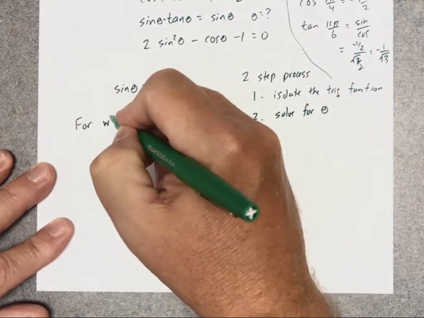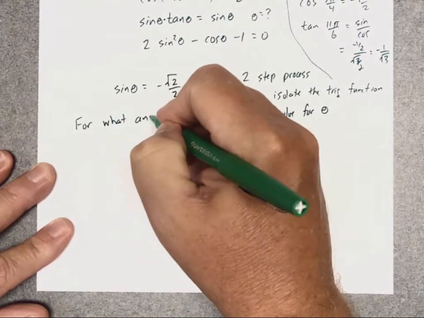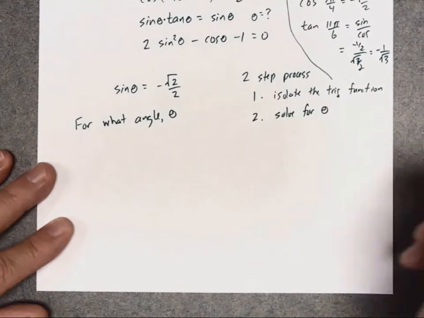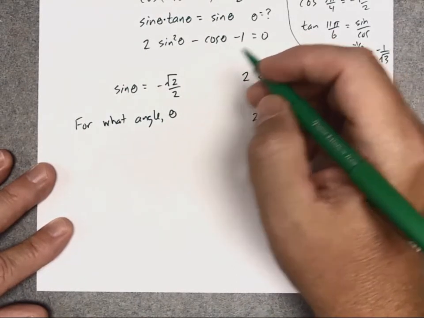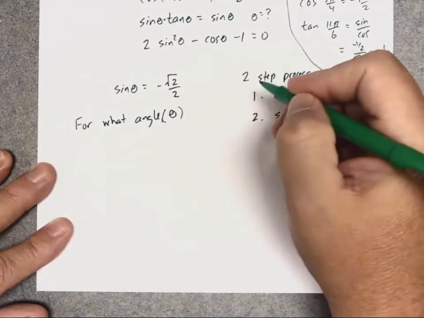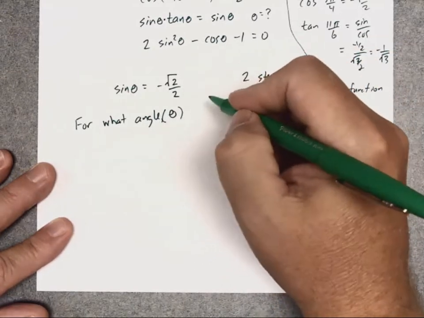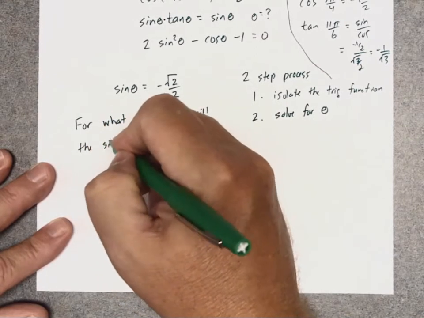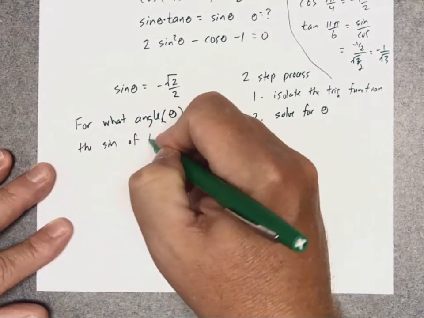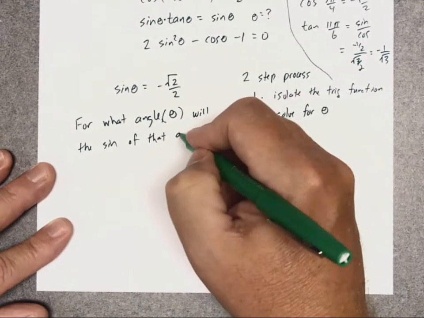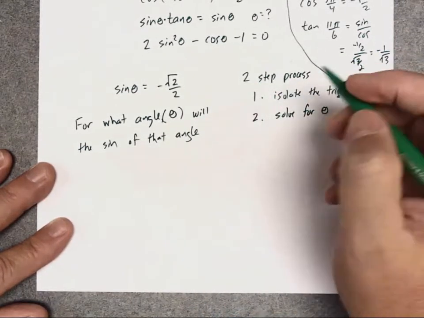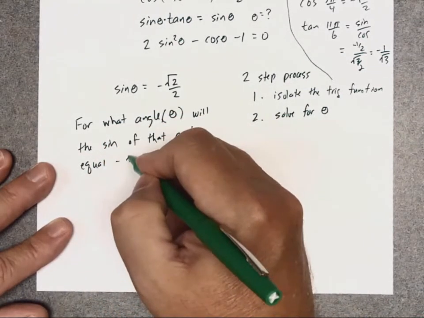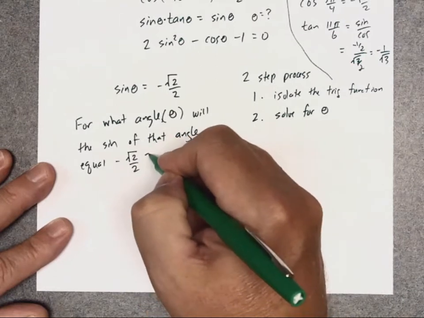For what angle theta, so I'm looking for an angle, for what angle will the sine of that angle equal negative square root of 2 over 2.